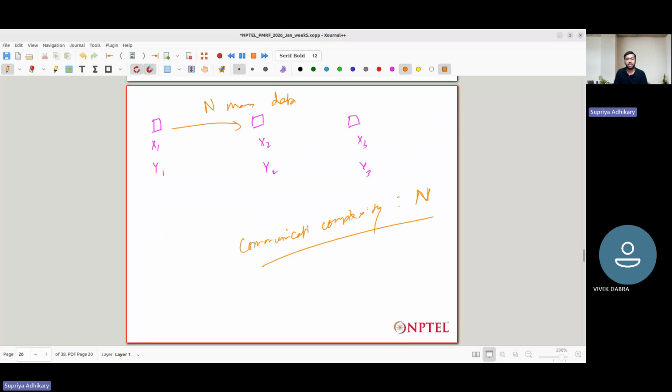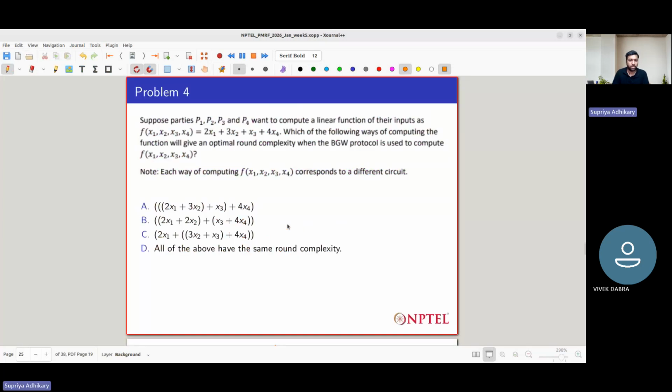That means n many data is being shared among all the parties via the network. So now the question is, if this is the function that we have to compute, and the shares of x1, x2, x3, and x4 are shared among all the parties, then what should be the communication complexity?